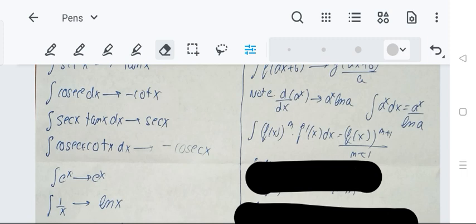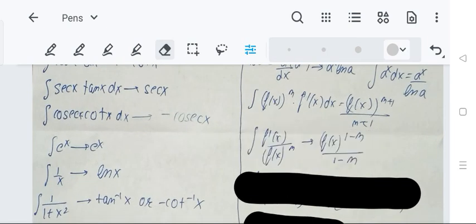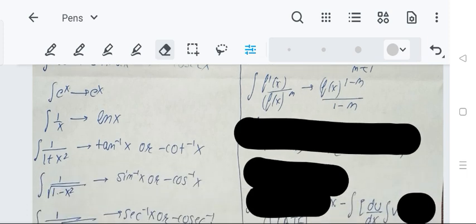Just treat that function like x, and then integrate it. This is similar: integration of f dash x upon f x raised to the power n. The same here, but the order is changed: f(x) raised to 1 minus n divided by 1 minus n.